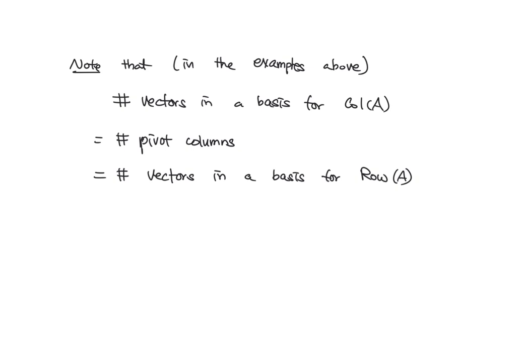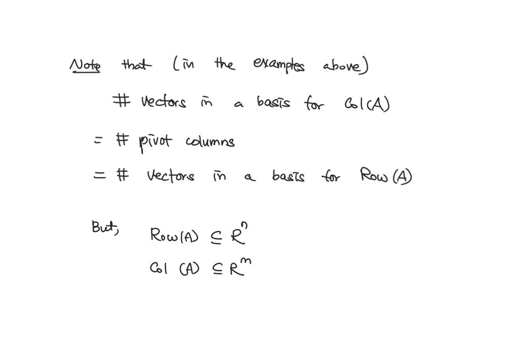But as I said, the row space is a subspace of Rn, and the column space is a subspace of Rm. So there is no relation between the actual row space of A and the column space of A. Okay, there is no inclusion between these two.